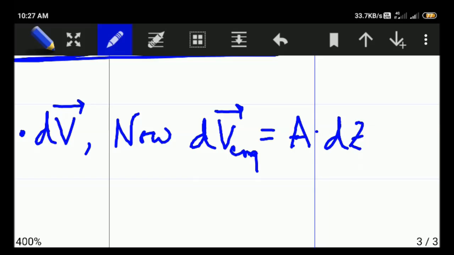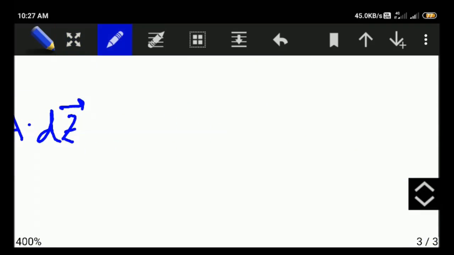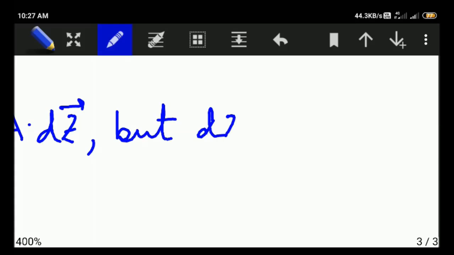In case of compression, the dz vector is the magnitude of dz into minus k vector, because the direction of dz is downward.